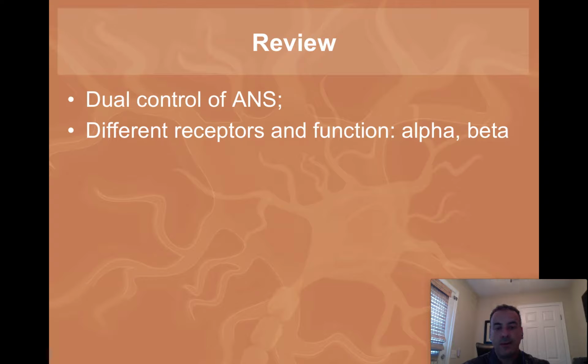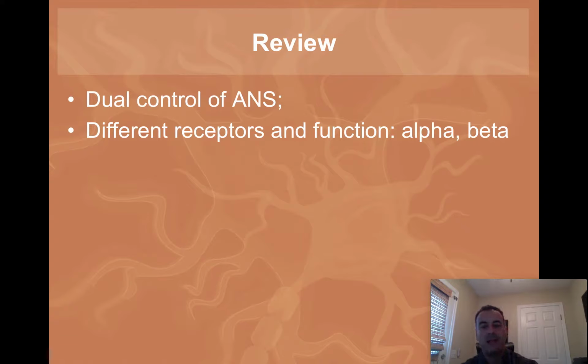Different receptors and their function. Well, alpha receptors versus beta receptors. As you go through the readings, think about a beta receptor and an alpha receptor. If we talk about medications that control heart rate, such as beta blockers or alpha blockers, then we could play on the idea of receptors of the heart or the cardiovascular system, where we can give medication to help slow down the heart rate by inactivating beta receptors using a beta blocker, or an alpha receptor using alpha medication to help decrease the effects of the alpha receptor.